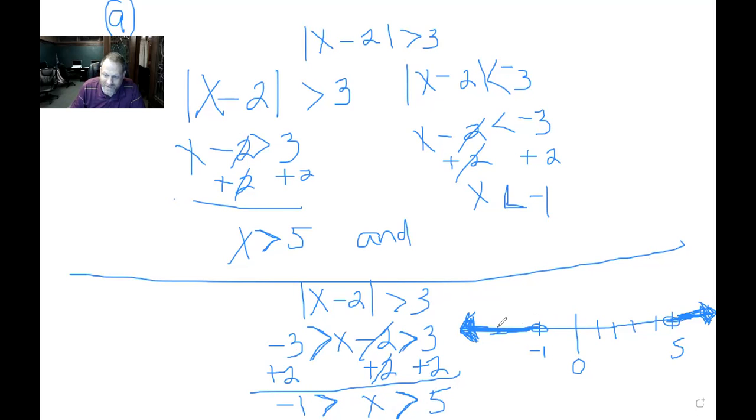So less over here on your number line, right? Negative, right? So that's -1, and X is greater than 5. So pretend X and your 5 is over here on this side. Okay, so that's how you can tell.